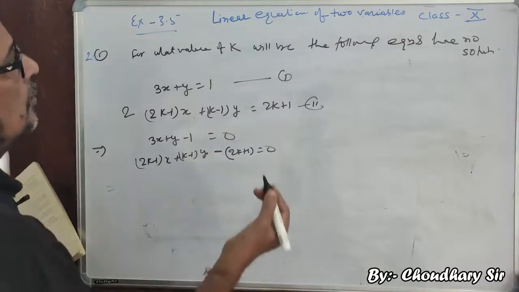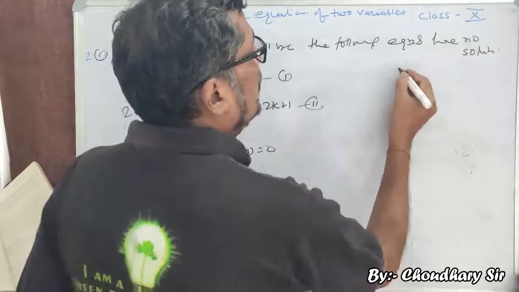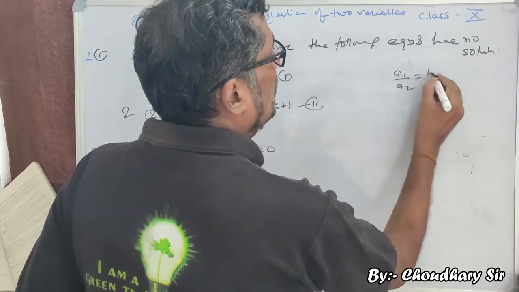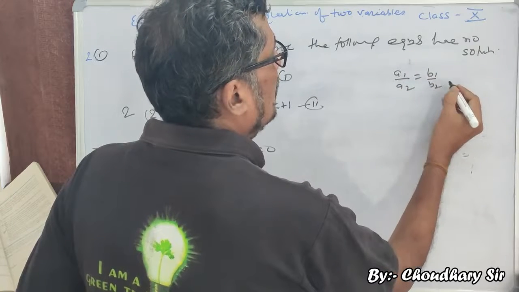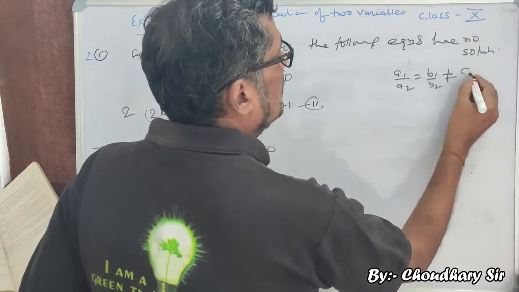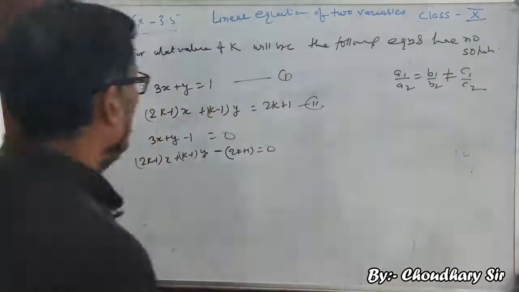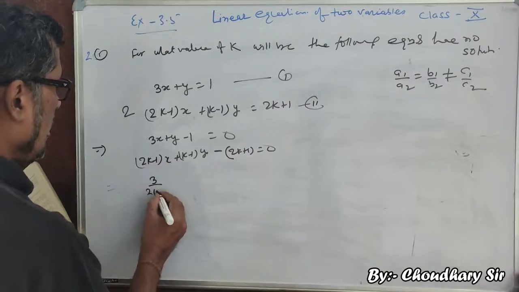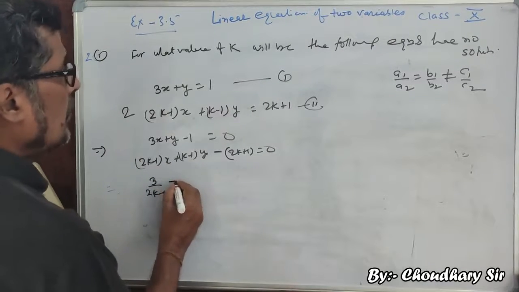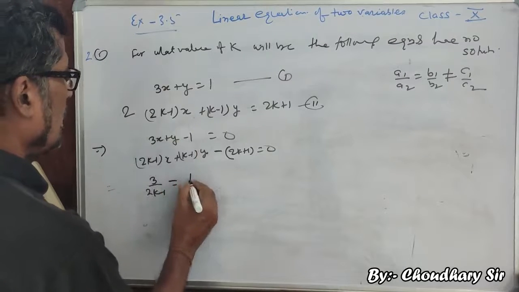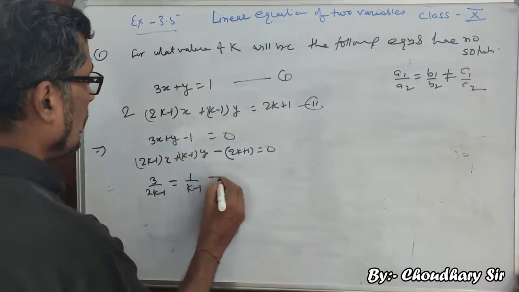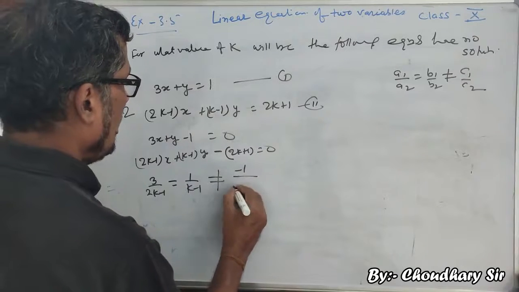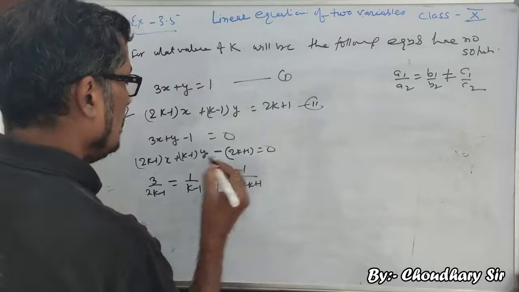Now you know that for no solution, a1 by a2 equals b1 by b2 not equal to c1 by c2. So a1 is 3 by 2k minus 1, equals b1 by b2, where b1 is 1, by k minus 1, not equal to c1 by c2, that is minus 1 by minus (2k plus 1).